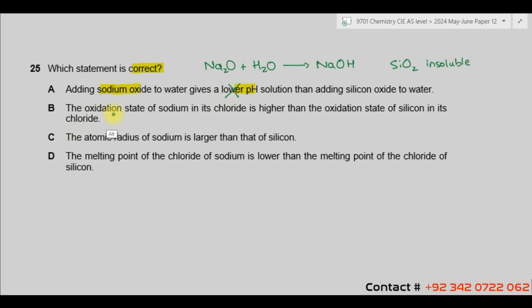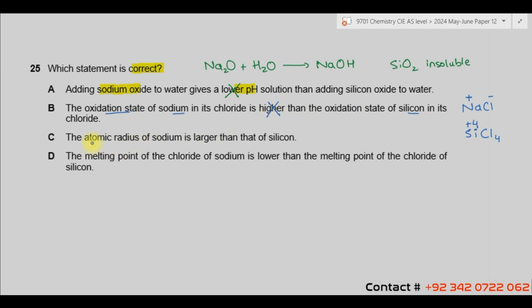Part B, the oxidation state of sodium in its chloride is higher than the oxidation state of silicon in its chloride. So sodium chloride is NaCl, Cl is -1, Na is +1. Silicon chloride is SiCl4, so 4 chlorines become -4, so silicon must be +4. So the oxidation state of sodium is lower.